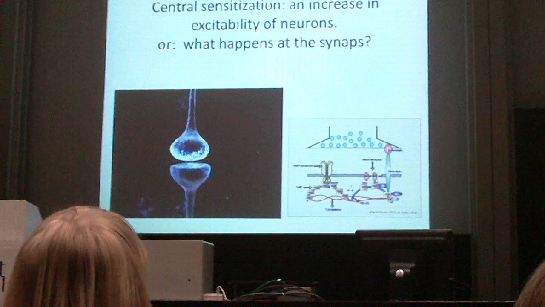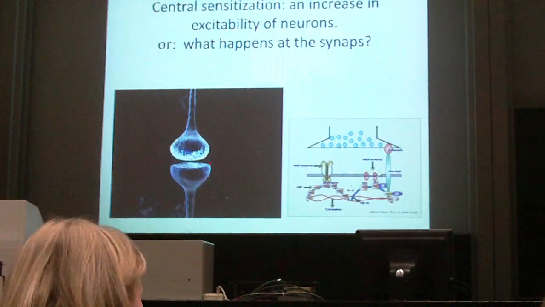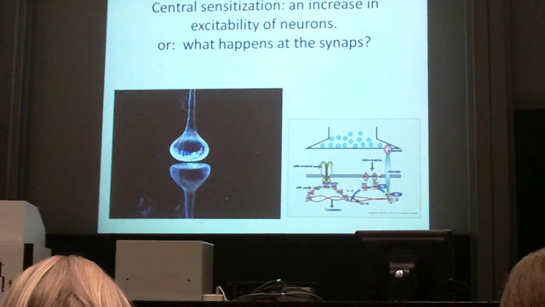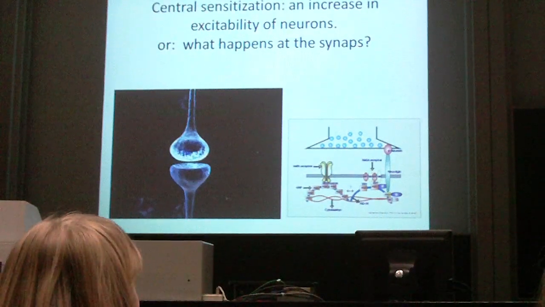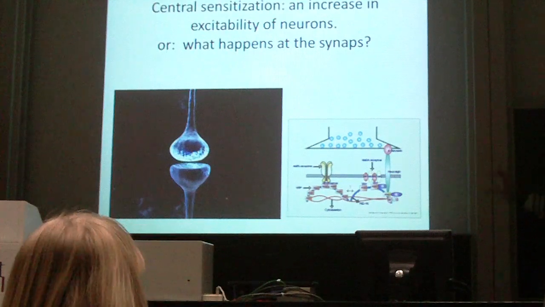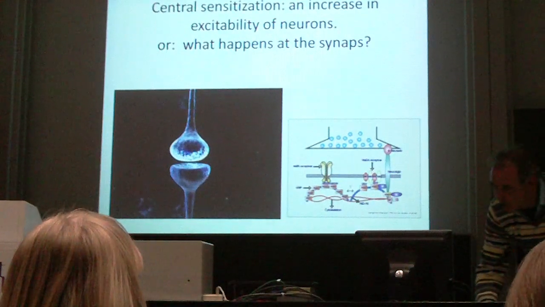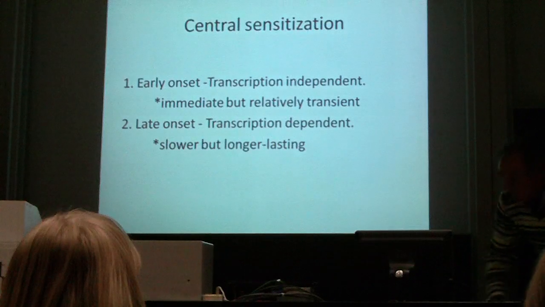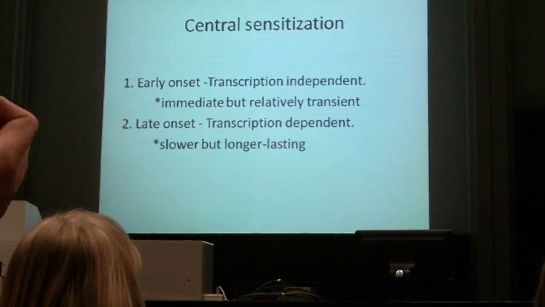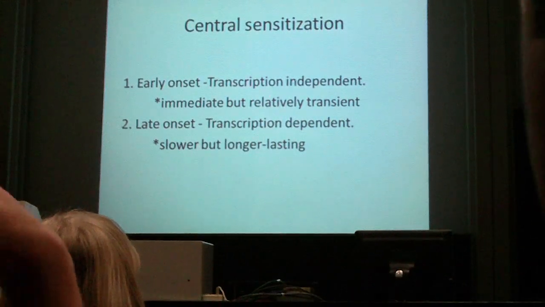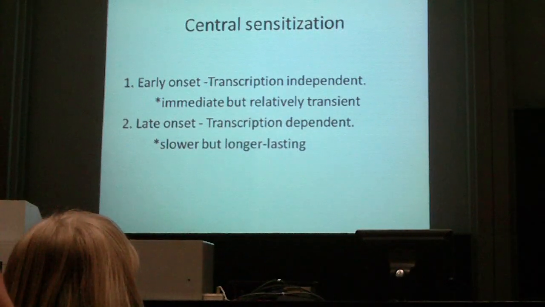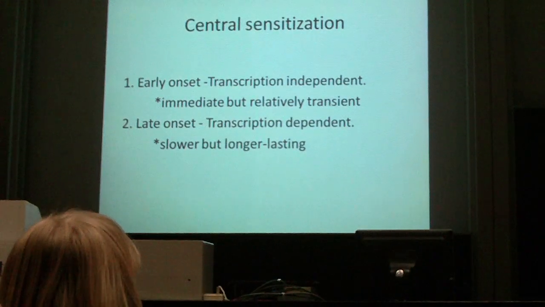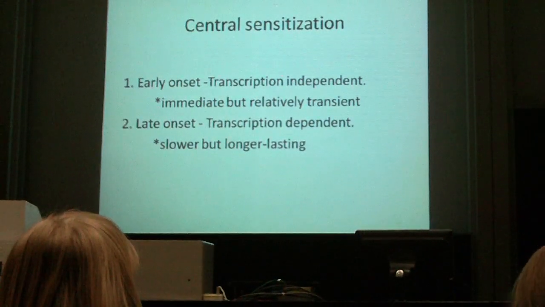And as you can see here is presynaptic, postsynaptic. It is of course an interaction between the neurotransmitter and the receptor. And I show you a cartoon. This is not the one I want to discuss in detail. I want to discuss another cartoon in which I show you one aspect, the early onset, so the immediate sensitization of this synapse, which is transcription independent.